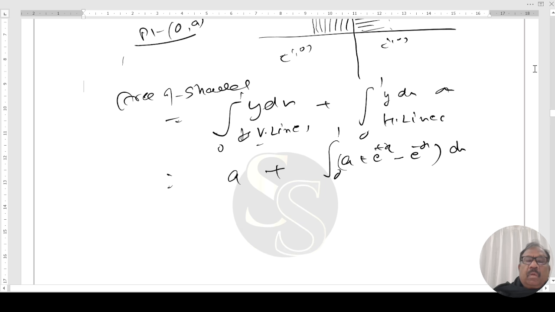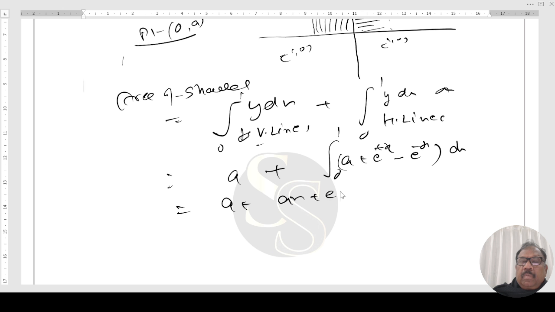On simplification, we get a plus ax plus e to the power x plus e to the power minus x from 0 to 1. This comes out to a plus e minus 1 plus 1 by e minus 1.